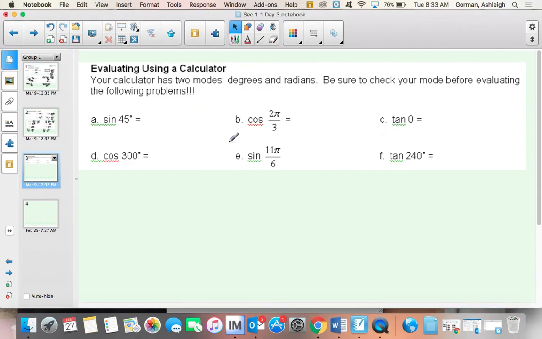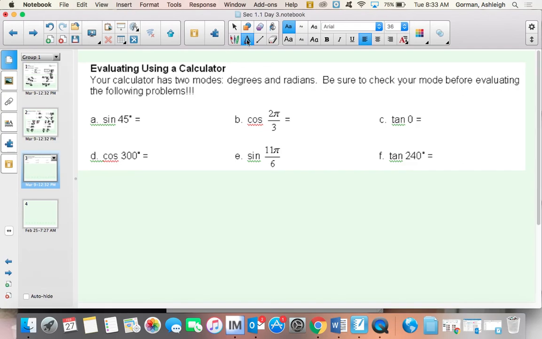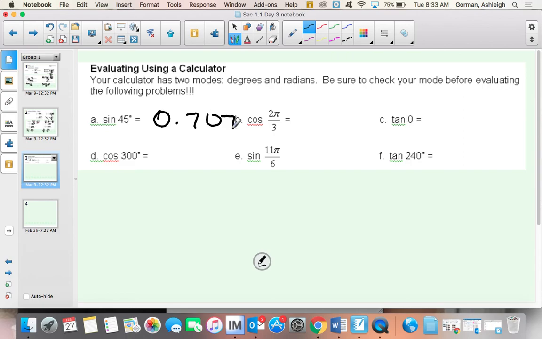Okay. All right, so help me out here. Sine of 45 degrees we said was 0.707. Okay, what about cosine of 300 degrees?